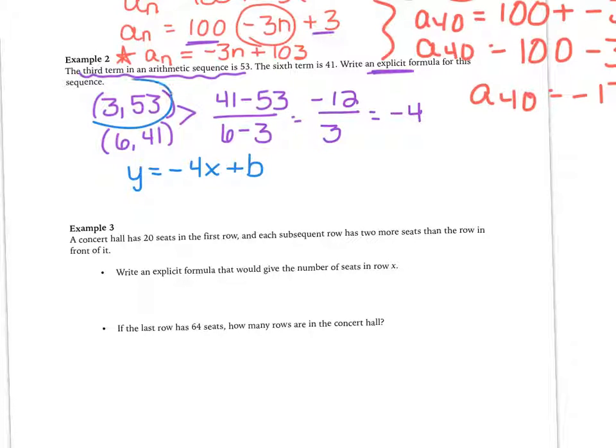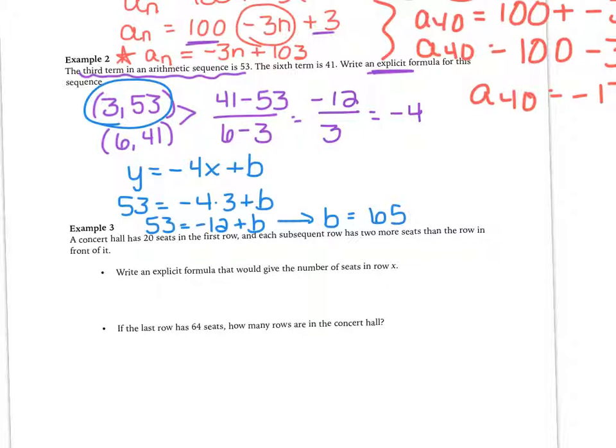And pick one of these, I don't care which one, to plug in for x and y. So I'm going to say 53 equals negative 4 times 3 plus b. That's really 53 equals negative 12 plus b. Add that 12 to the other side, and I find that b is equal to 65.